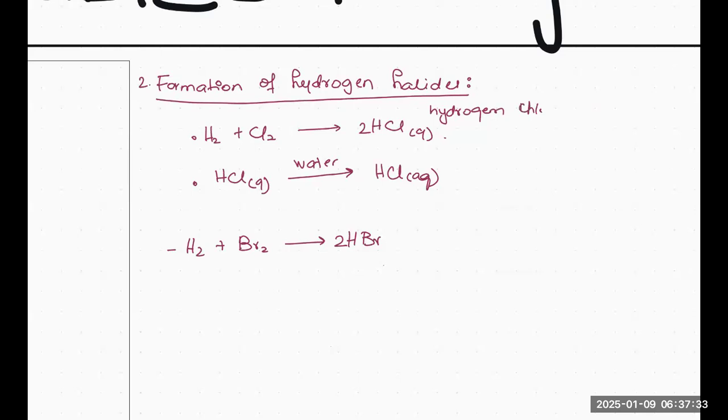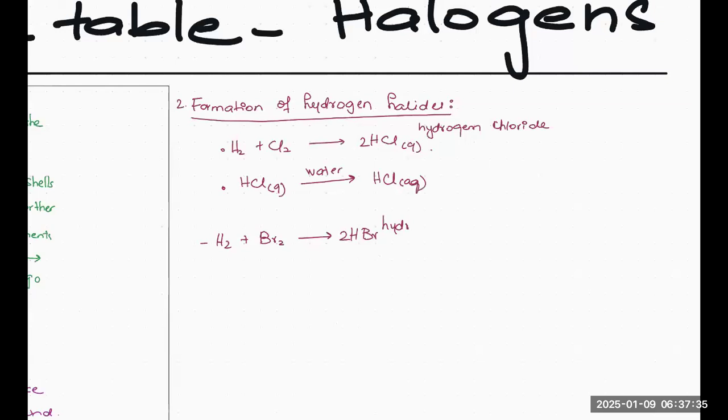And if you take this hydrogen bromide and dissolve it in water, you will get once again an acid. And this acid is known as hydrobromic acid, and it's quite a strong acid actually.